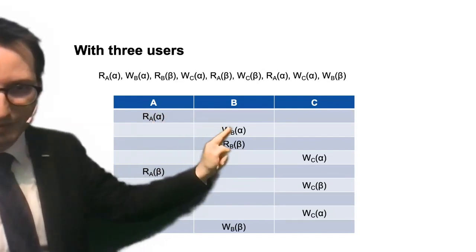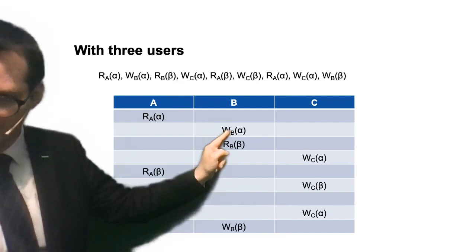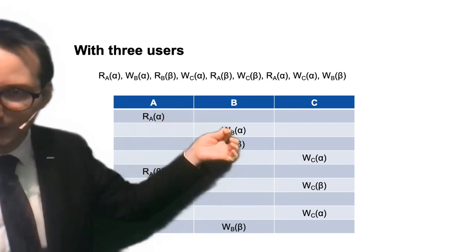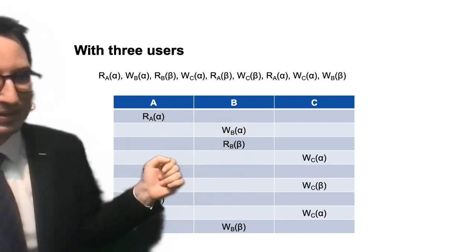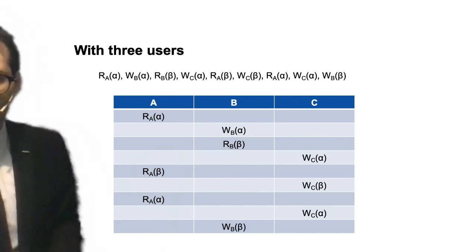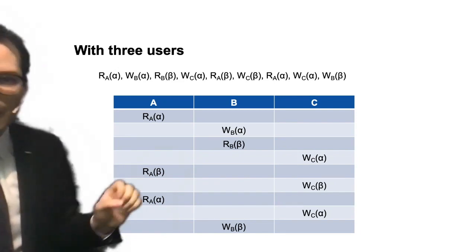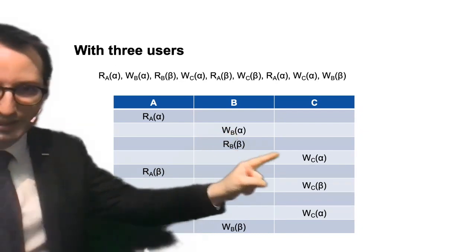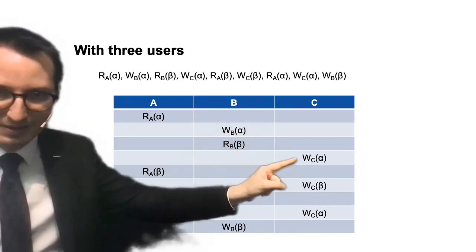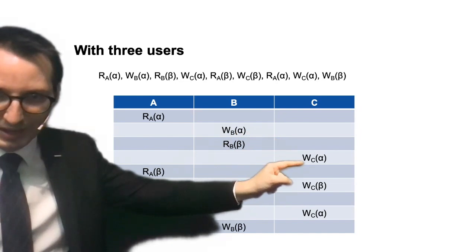This is a read-write conflict. Very good, that is true. We will put an arrow here. Anybody else? Yes? This alpha gets rewritten a bit further down in C. Yes, from here to here. That's called a write-write conflict.